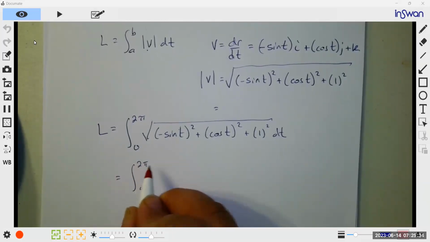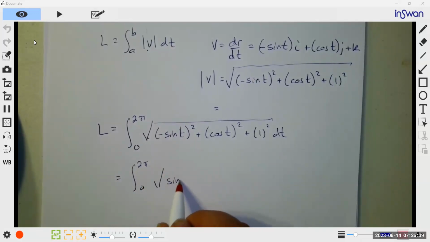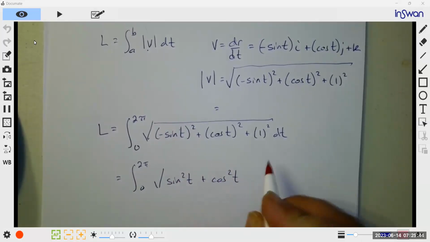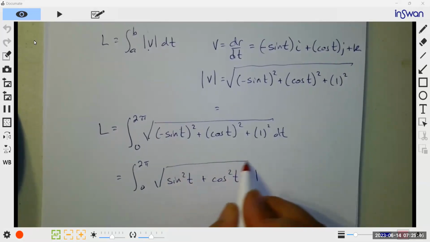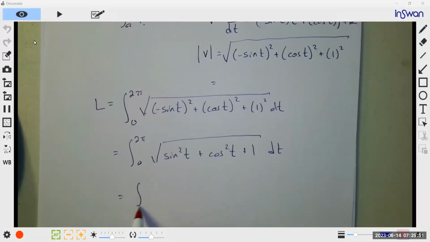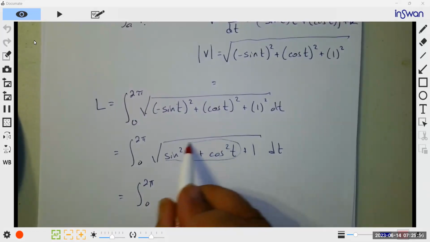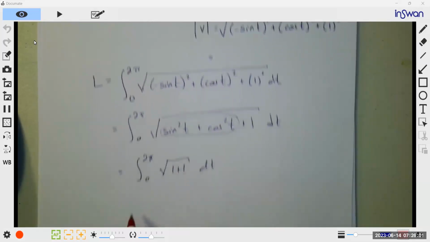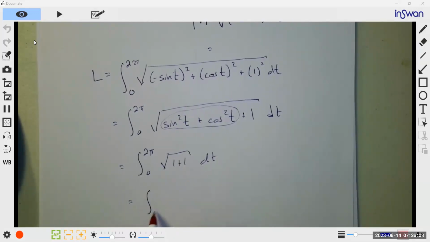Let's rewrite this. The negative squared makes positive, so we have sine squared t plus cosine squared t plus 1. As an identity, sine squared plus cosine squared is 1. So we have 1 plus 1, the square root of 2 dt.